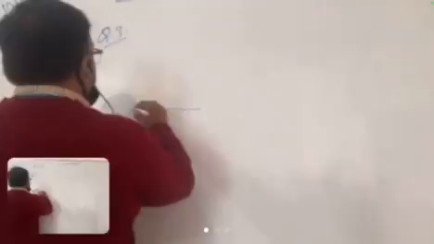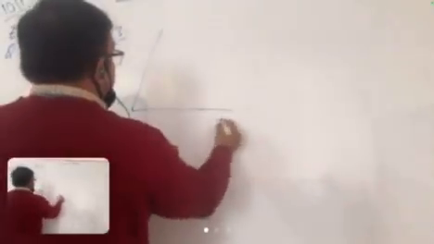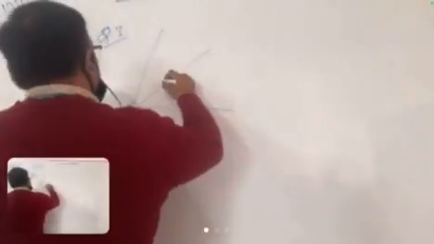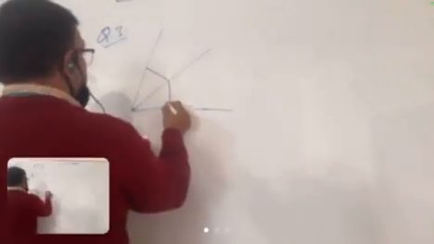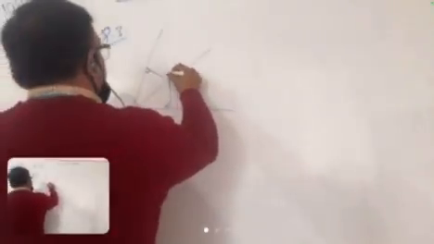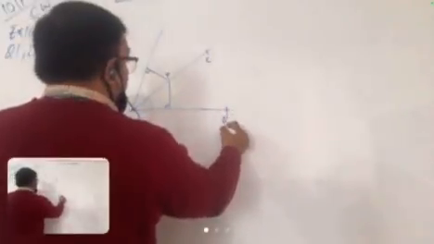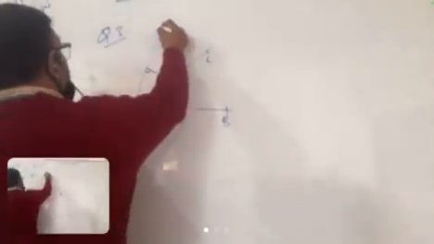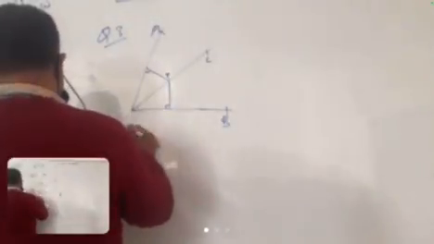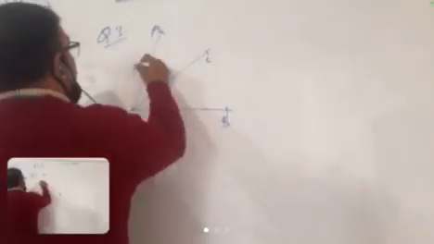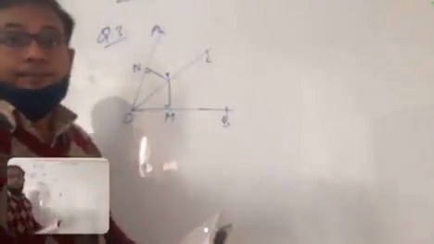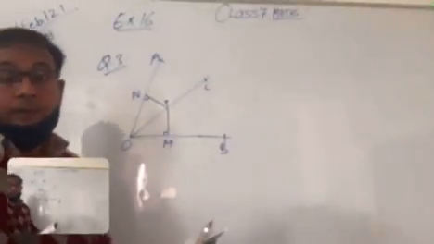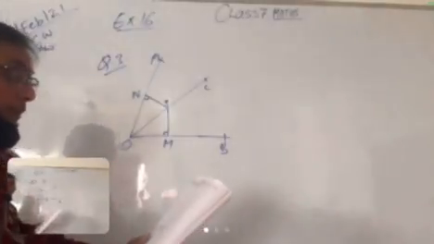Question number 3, the figure is like this, and there is a line on which there is a perpendicular, with points P, A, O, M, N. So in this, OL is perpendicular to AO.